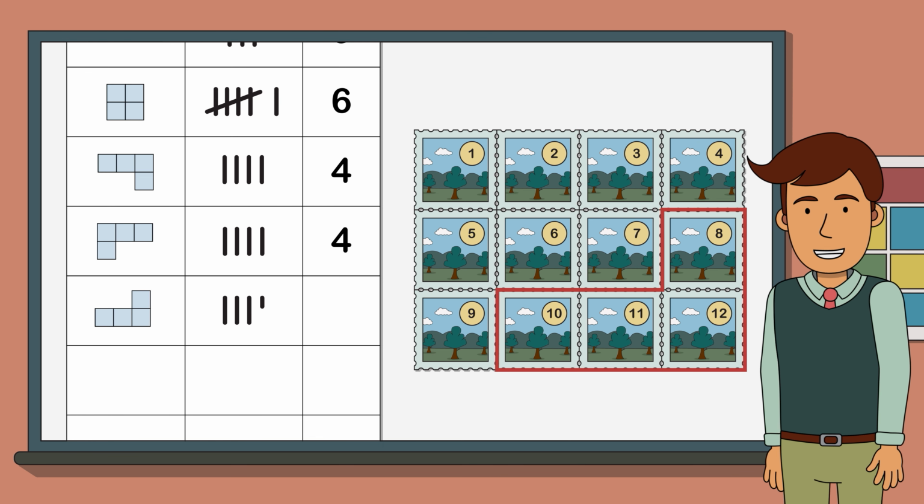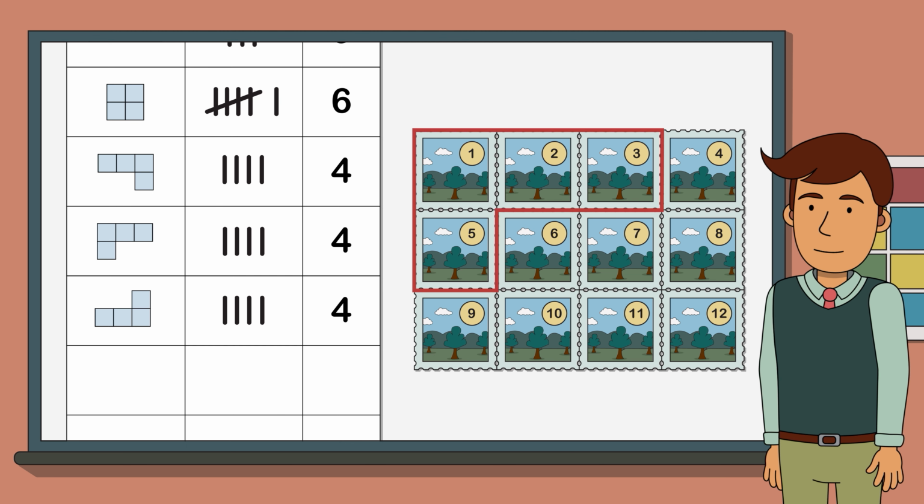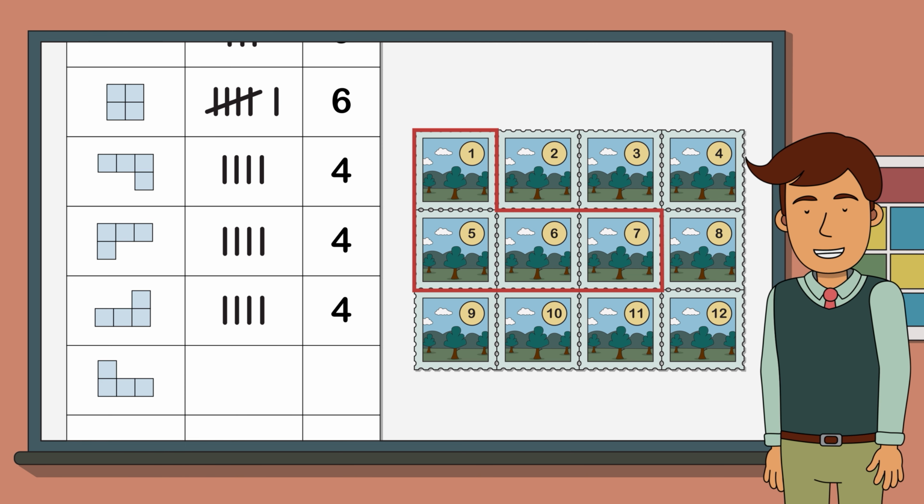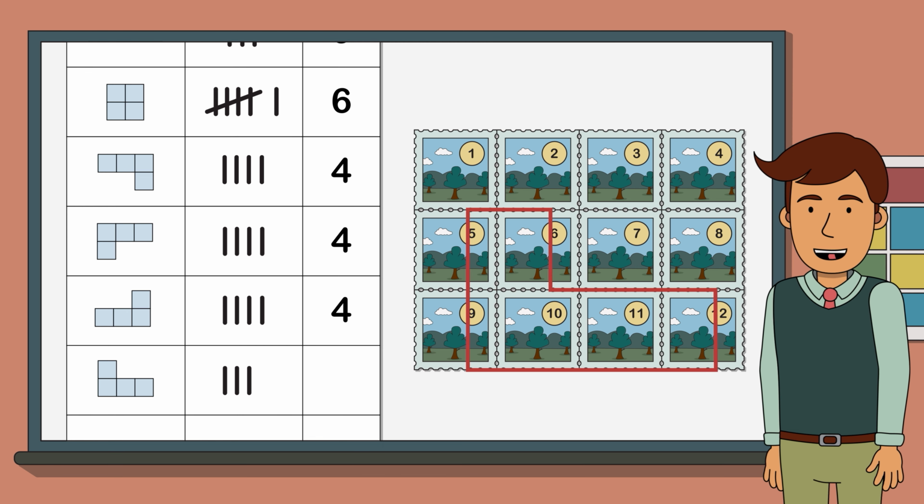Again, let's add these 4 instances to the table. Finally, if we flip our 1, 2, 3, and 5 shape vertically, we get another combination with the numbers 5, 6, 7, and 1. Again, let's add these 4 instances to the table.